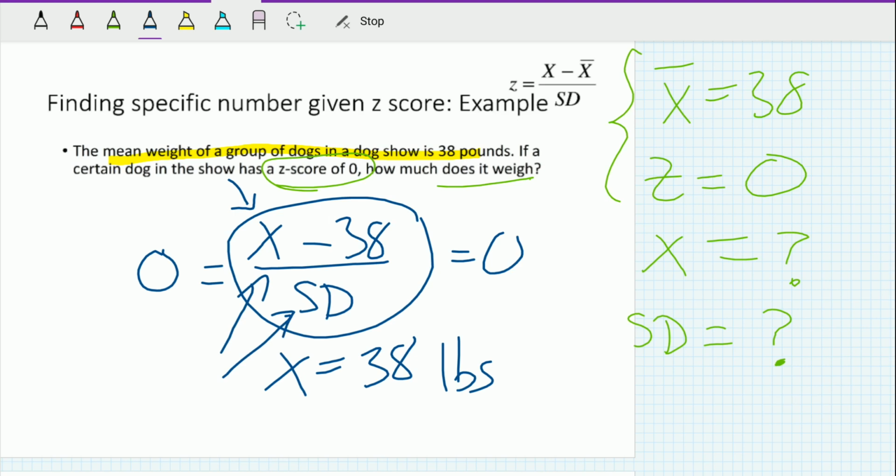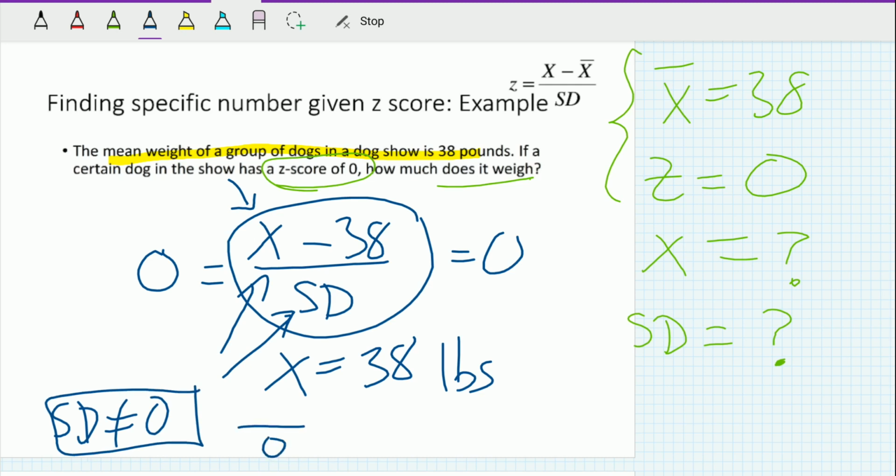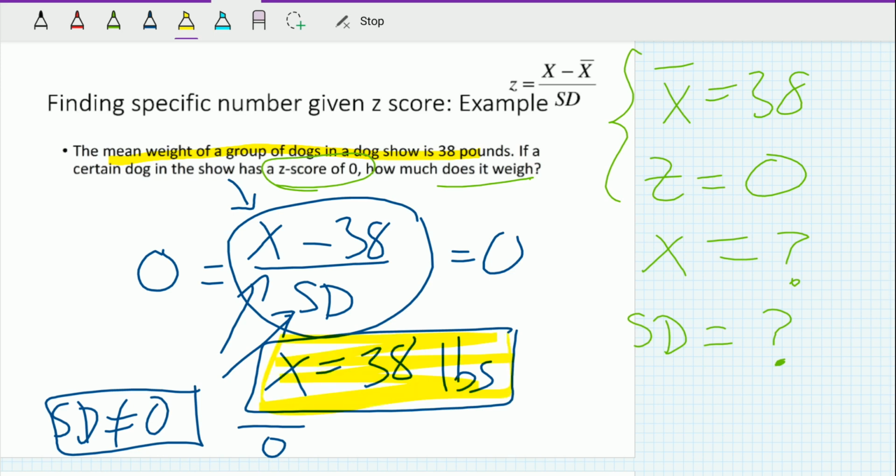Remember, standard deviation, this is from before, standard deviation can never be 0, okay, because then you get a fraction with the 0 in the denominator, and I forget what the word is called right now, but whatever. Okay, so you need to be careful here. So this is our final answer. I know I boxed 2 things, but there you go. This is our final answer. The weight is 38 pounds because since the z-score is equal to 0, that means the dog is completely average when it comes to the weight.